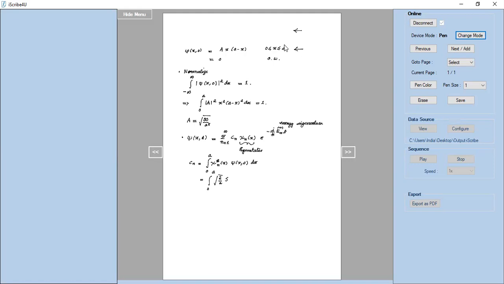And then you have sine of n pi x by a, correct? And basically you're going to put in this particular function again. So here now our A is nothing but root of 30 divided by a power 5, and then you have x into a minus x dx.